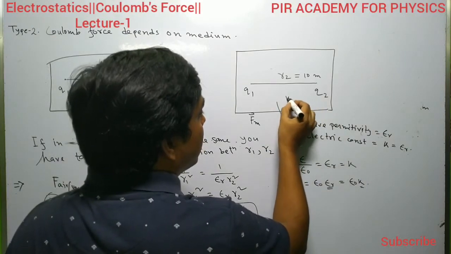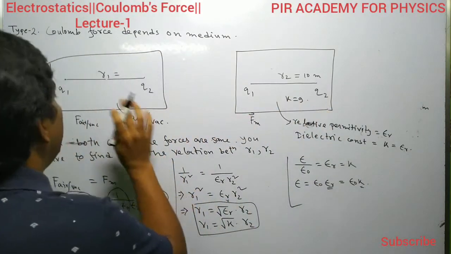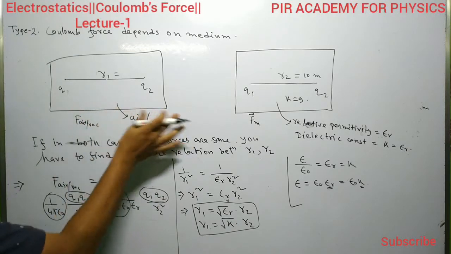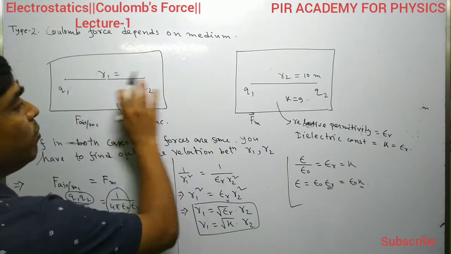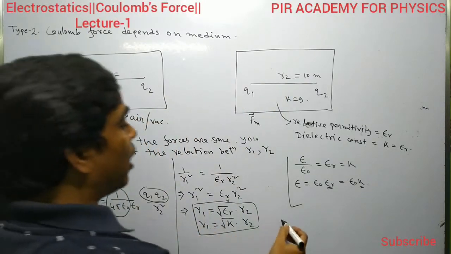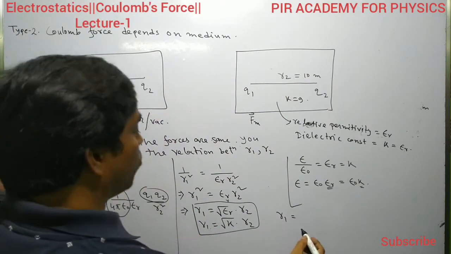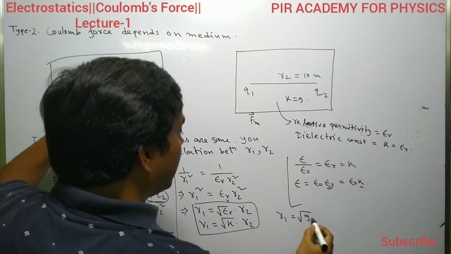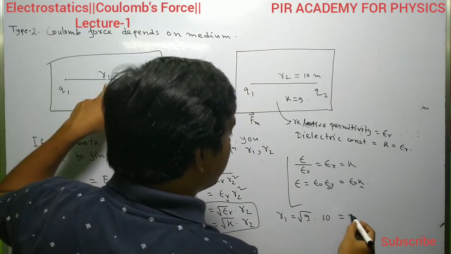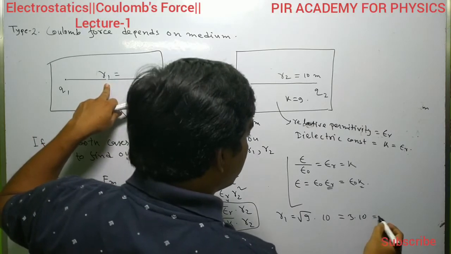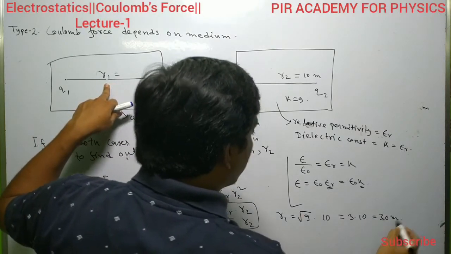If the force is the same in both cases, what will be the relation between r1 and r2? r1 equals root k into r2, so r1 equals root 9 into 10 meter, which is 3 into 10, that means 30 meter.